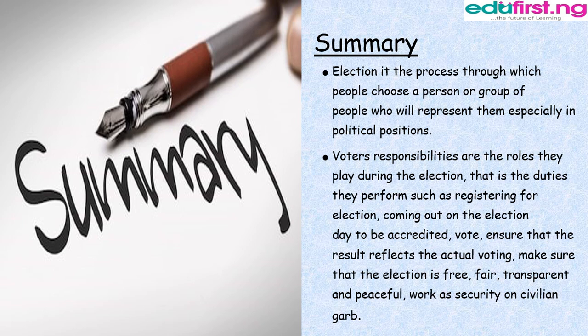That is, the duties they perform, such as registering for election, coming out on the election day to be accredited, voting, ensuring that the results reflect the actual voting, making sure that the election is free, fair, transparent, and peaceful, work as security on civilian ground.